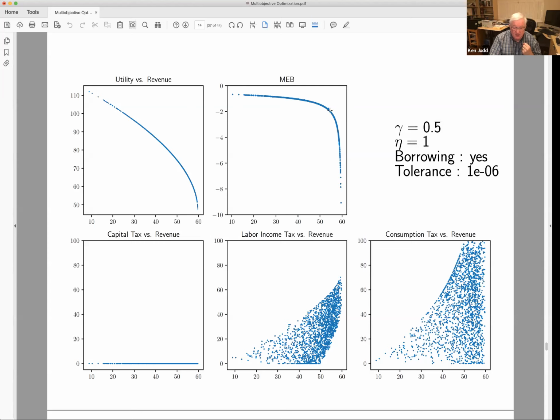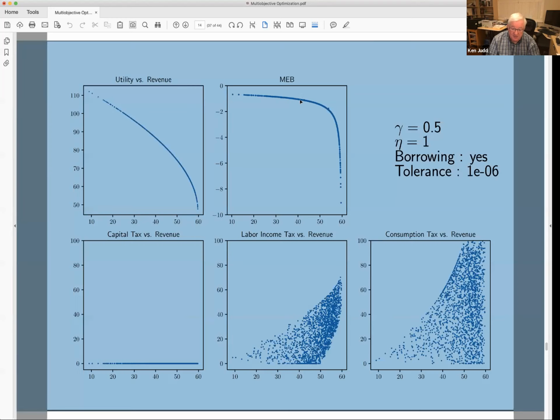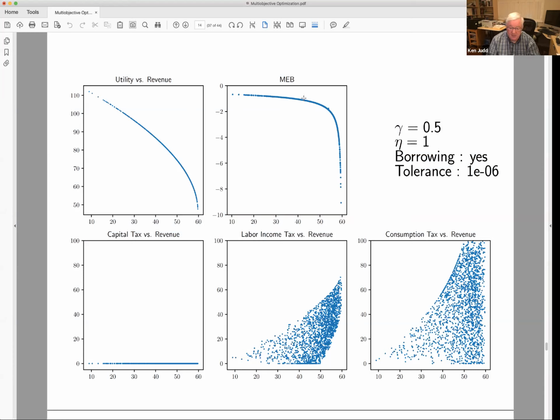And so you see it's not so bad, and then it gets really bad here. And by the way, this is marginal excess burden as you move along the Pareto frontier. It isn't saying which tax you're using as you move, but it just tells you what the relationship is between the optimal point that raises this amount of revenue and the optimal point that raises a similar amount of revenue.